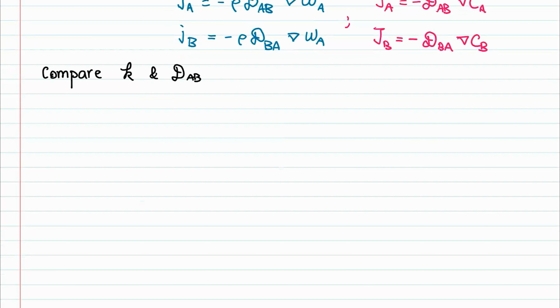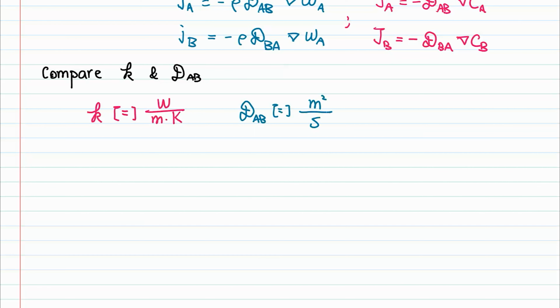So first, let's look at the units of these two specific coefficients. Thermal conductivity has a unit of watts per meter Kelvin, and the diffusivity has a unit of meter squared per second.